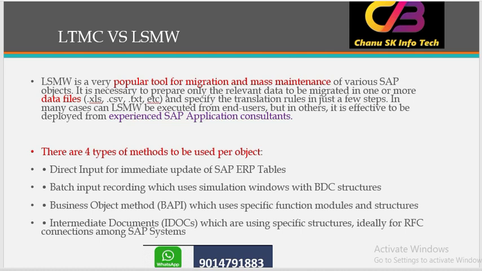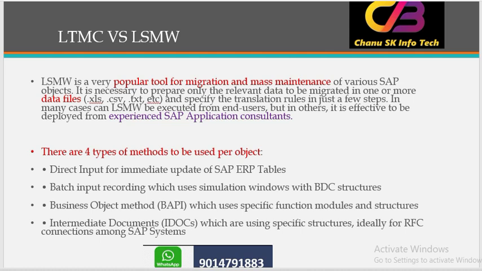Around 4 types of methods are there in LSMW. One is direct input, the second is batch input, the third is BAPI, and the fourth is iDocs. These 4 methods are very vital, and it is the company's choice which method to pick. In general cases the direct input method is easier, for immediate update of SAP ERP tables.